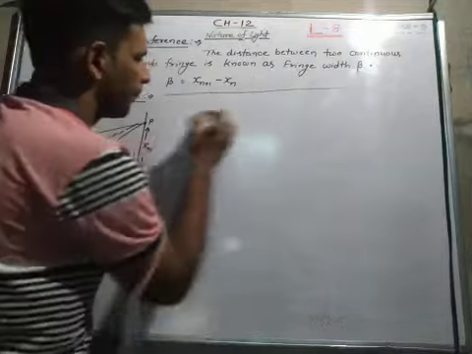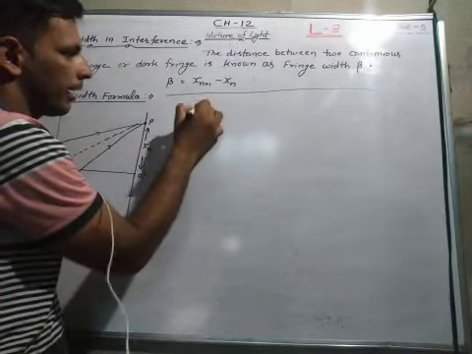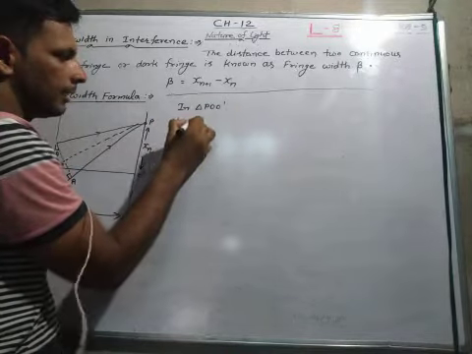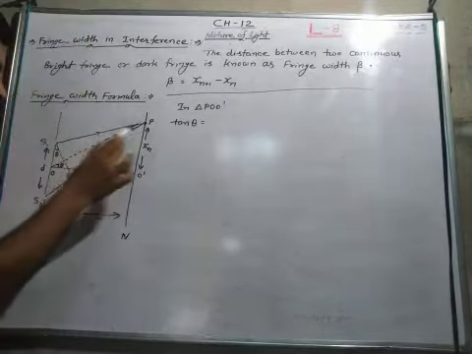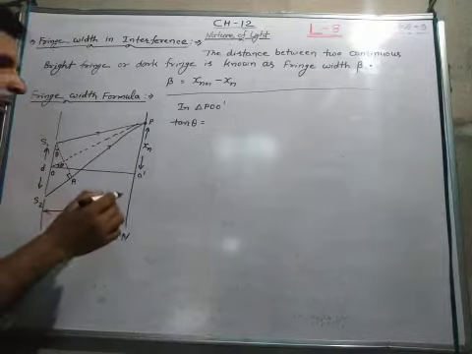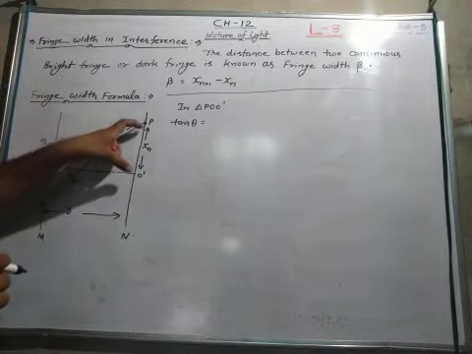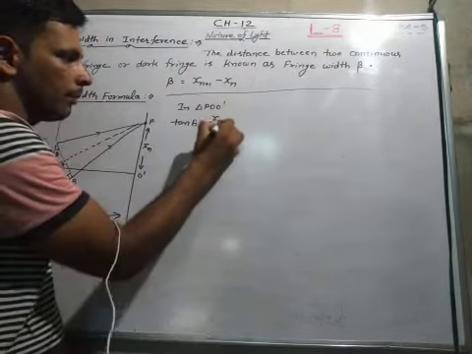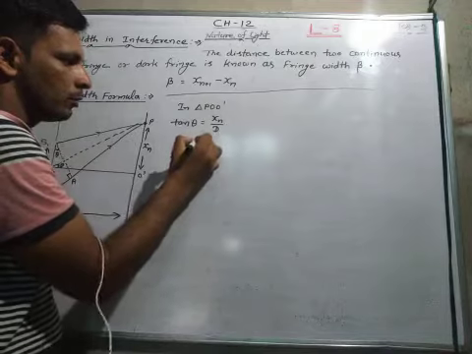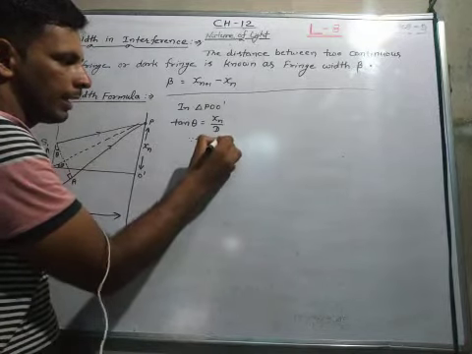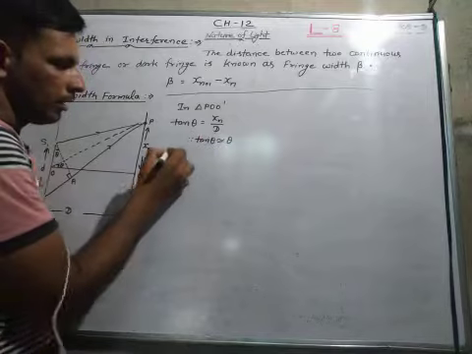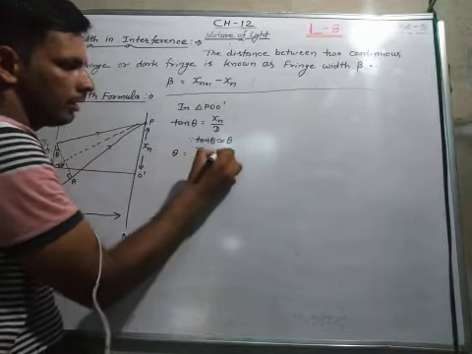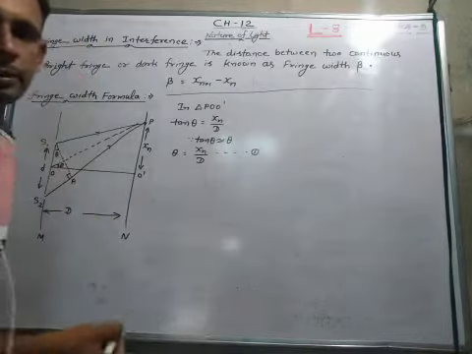In triangle POO dash, tan theta is equal to height xn upon base D, because tan theta for a small angle is equal to theta. So theta is equal to xn upon D. This is equation number first.